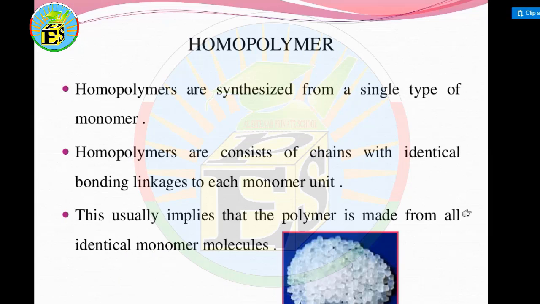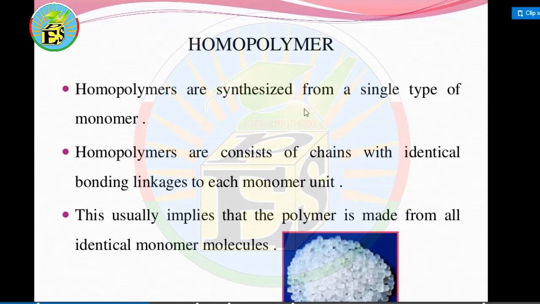Next is homopolymer. The word homo means same. So with homopolymer, you can guess that the polymer is made up of same monomers. Same type of monomers or small units are joined together to make one polymer.